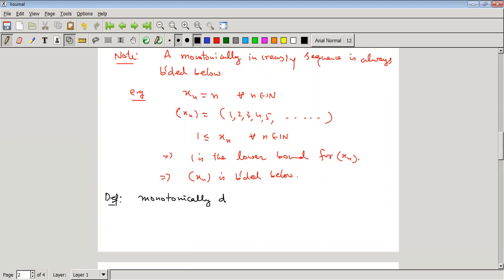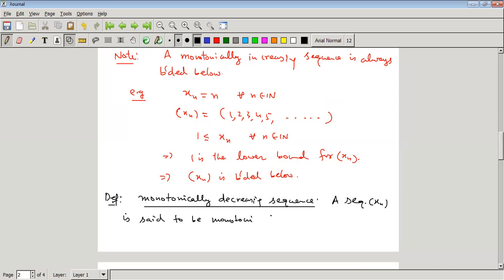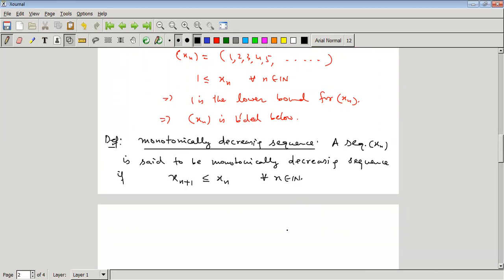A sequence xn is said to be a monotonically decreasing sequence if x(n+1) is less than or equal to xn for all n. The next term is less than or equal to the previous term.